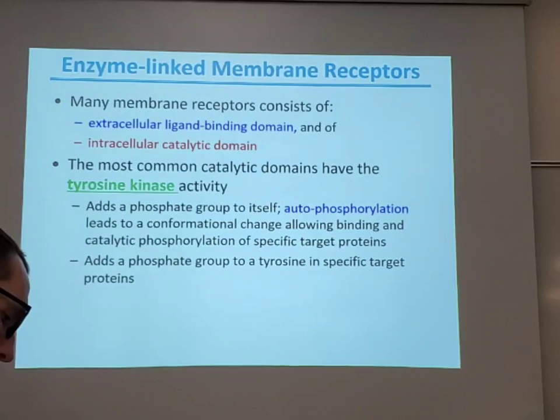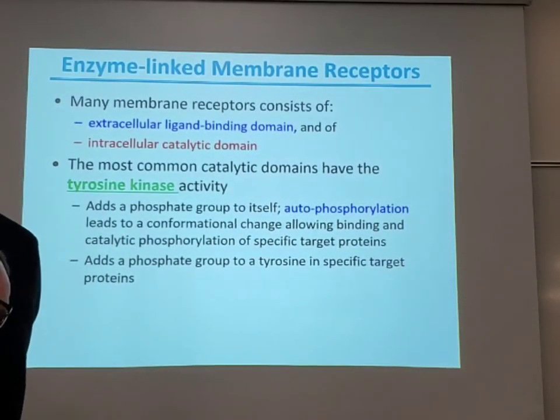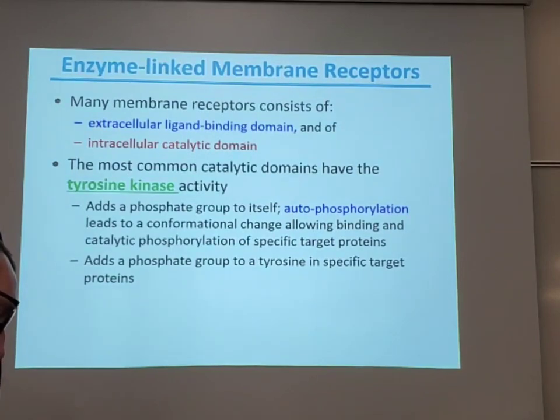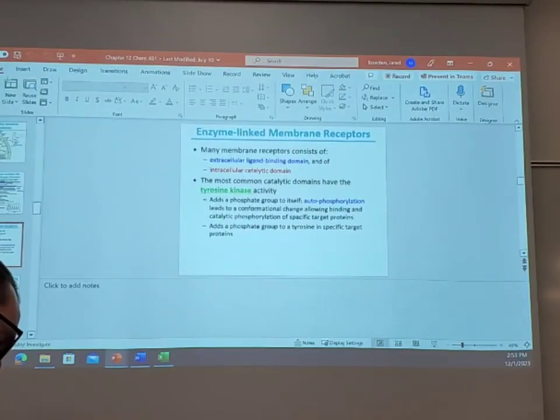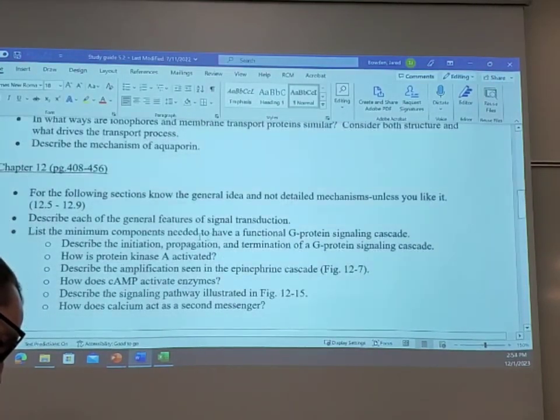Before I go into tyrosine kinases, ask me any other questions you want on the GPCRs, because several good questions have been asked. What are the expectations? This chapter is huge. The study guide question on it looks long and daunting, but when I pull it up, let's focus on our chapter 12.